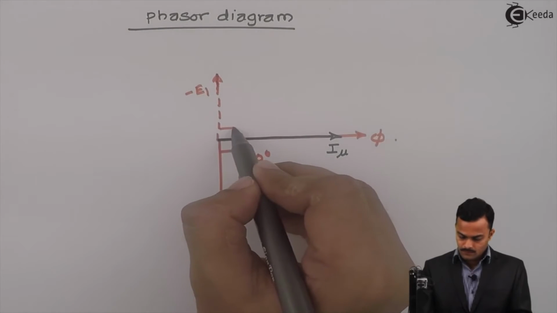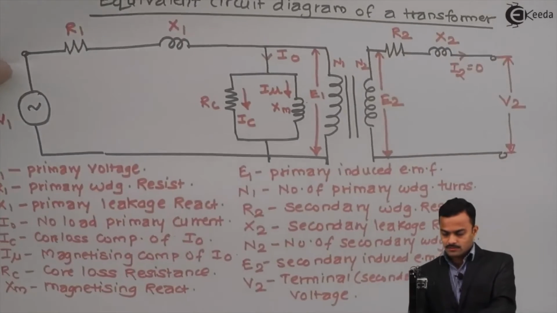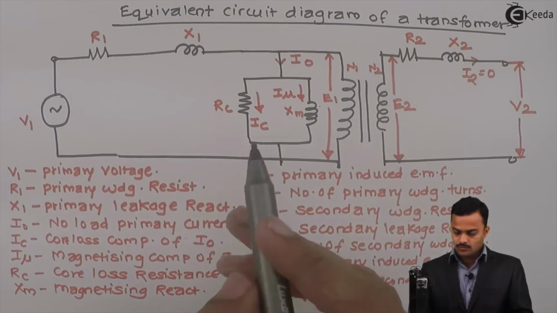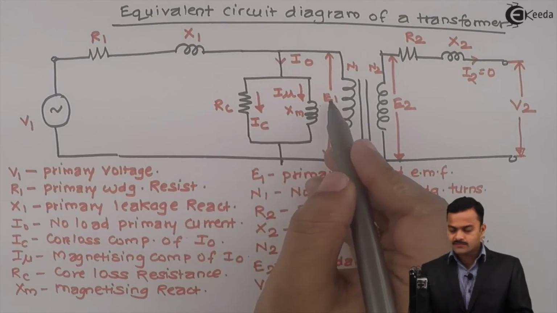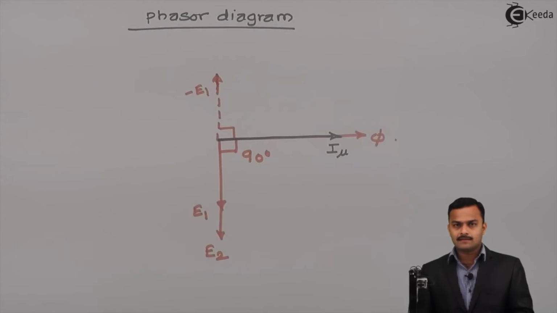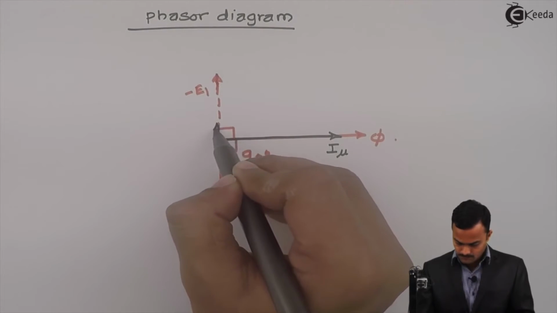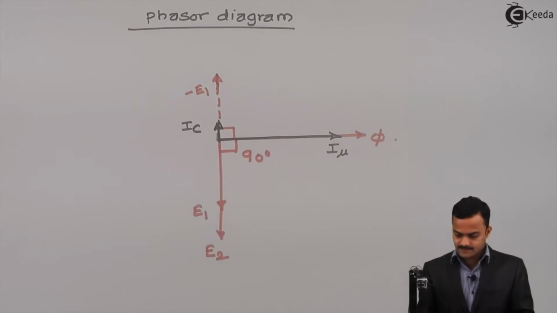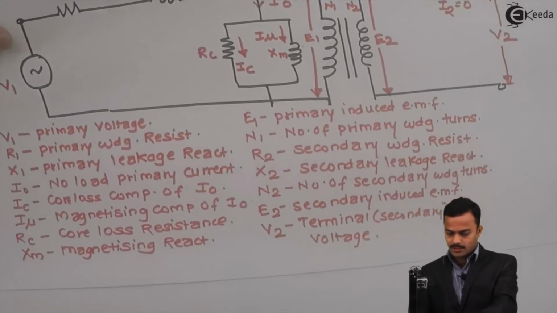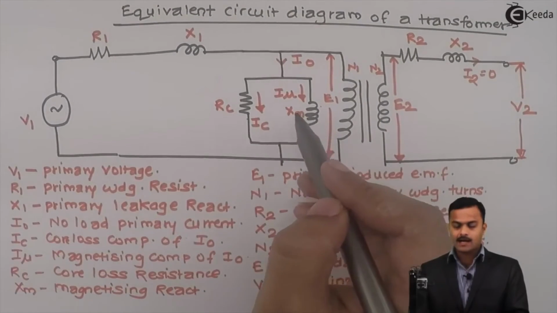Now this minus E1 is the voltage across this resistance RC. So IC will be in phase with minus E1, because for a pure resistance voltage and current are in phase. So this will be IC, and we have seen over here I0 is the no load primary current, which is nothing but addition of IC and I mu.